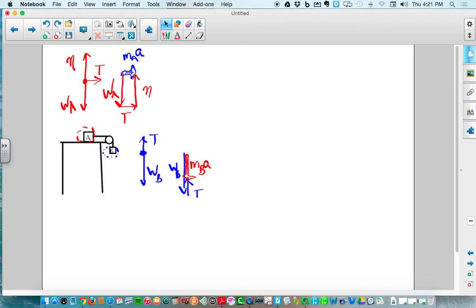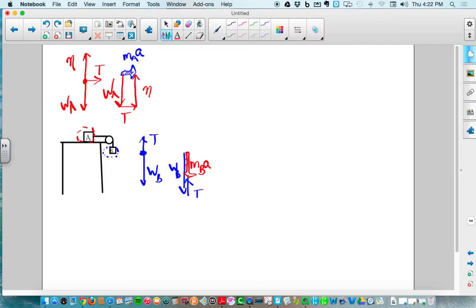That net force vector's magnitude is equal to m_B a, right? So this vector here has a magnitude of mass of B times acceleration. Okay, so there's my force diagrams and my vector sum diagrams.